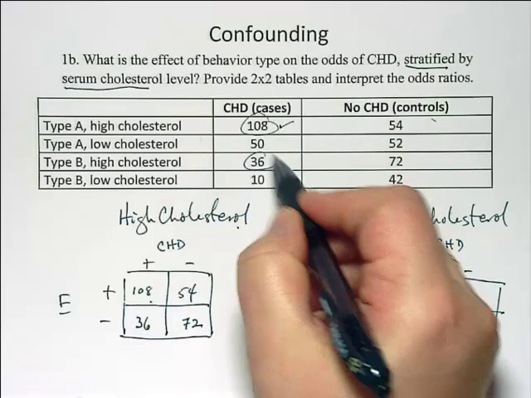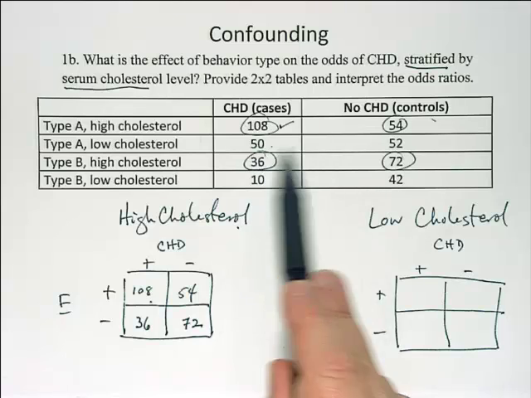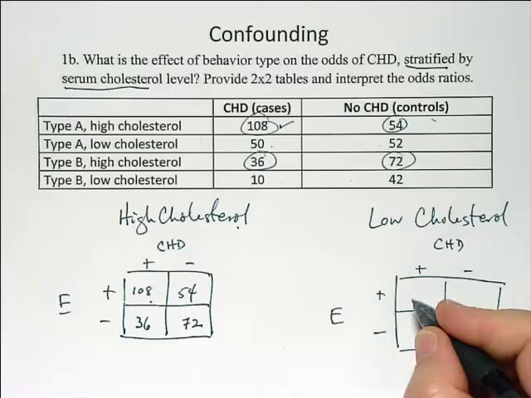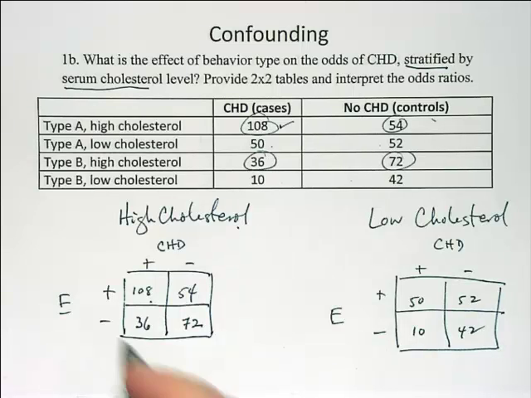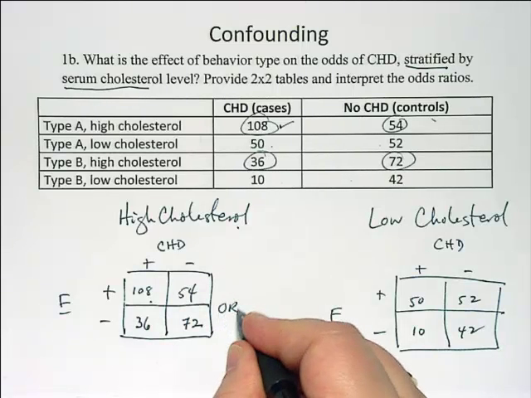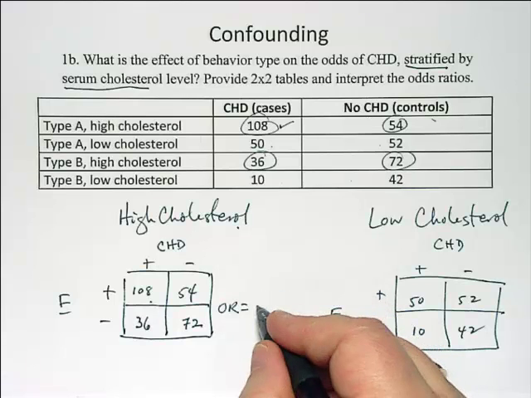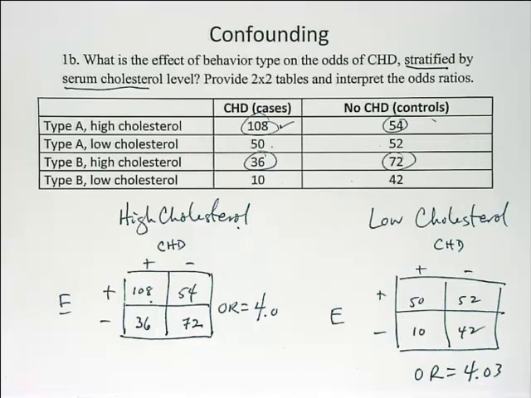So this one, this one, this one, and this one. Right here, we also then have the second table. So that's 50, 10, 52, 42. And if we use our basic odds ratio formula and calculate it, the odds ratio here is 4, and the odds ratio here is 4.03.